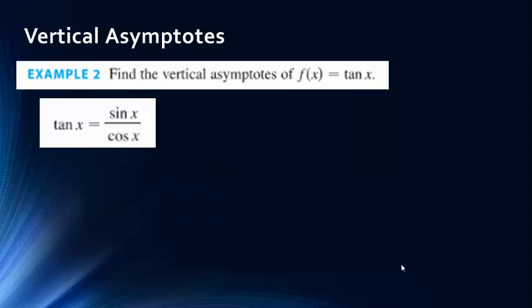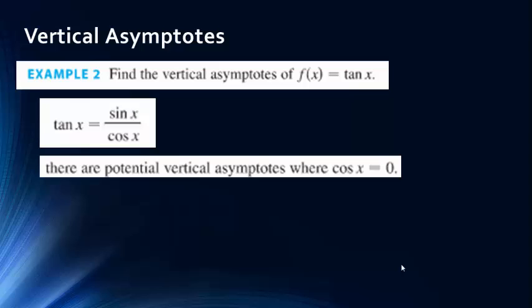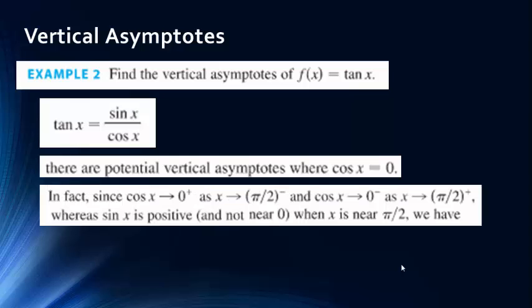And typically as the denominator is getting closer to 0, then we're heading to positive or negative infinity. So there are potential vertical asymptotes where the cosine of x equals 0. And remember that cosine equals 0 when we're at pi over 2 or 90 degrees, or negative pi over 2, or 270 degrees, or negative 90 degrees.